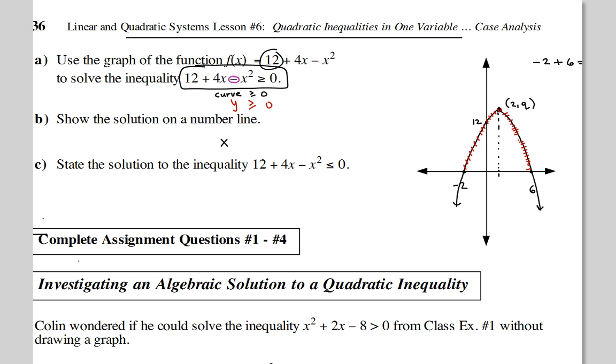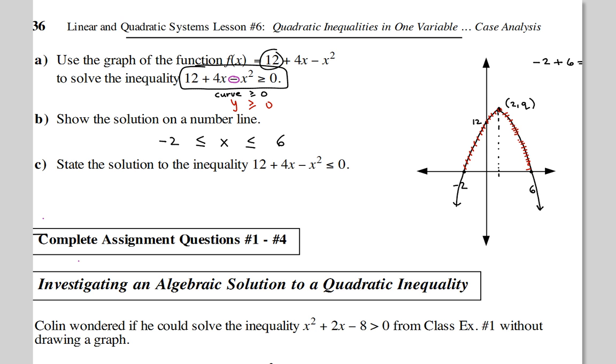So whenever you have two endpoints, it's really simple to just write those endpoints down, and then just point the arrows to the left. Why did I use equal to here? Because the question has it. If the question has strictly, then you use strictly. Okay?